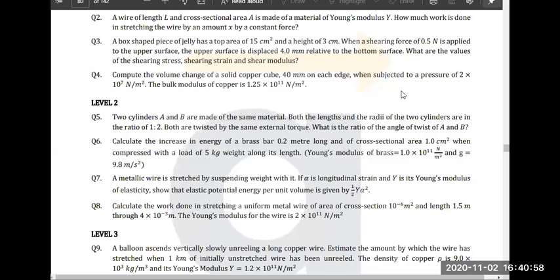Pradyuman, can you explain question number 6? Pradyuman, can you hear me, Pradyuman? Yes, sir. Yeah, question number 6, can you explain? Yes, sir. Wait a minute.